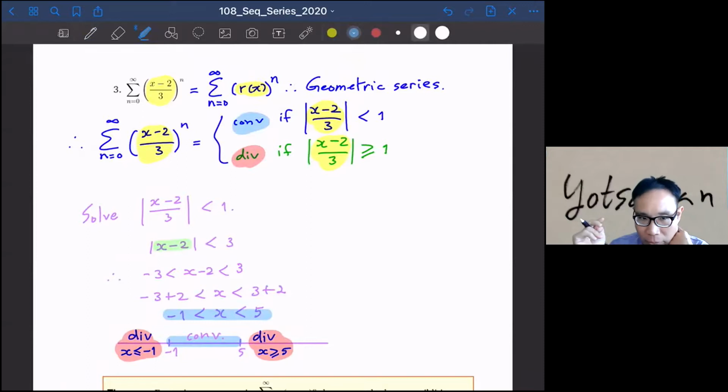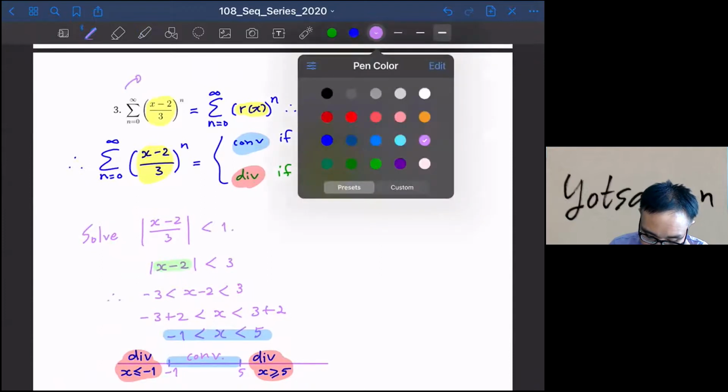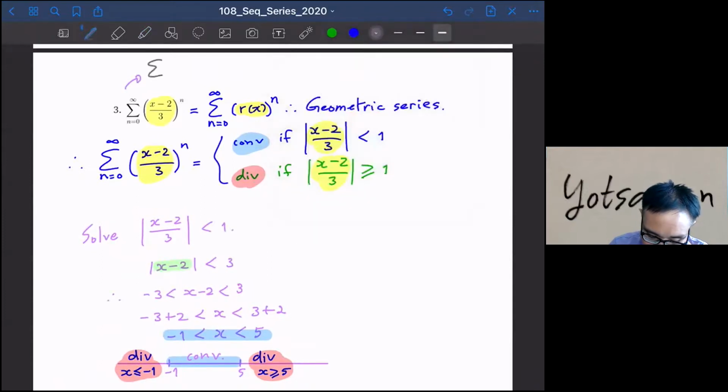Another thing is that this series can also be written in the form, series n equal to 0 to infinity, of (x minus 2) to the n over 3 to the n.